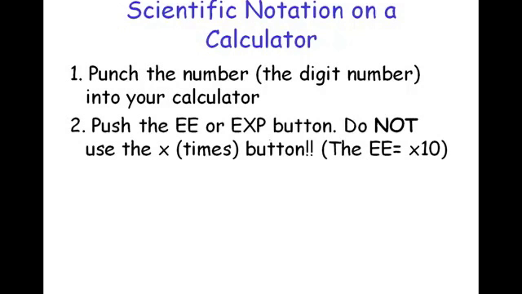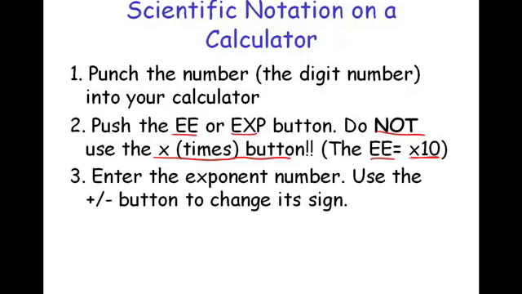Then you press either this EE button or the exponent button. Do not use the times 10 button. It doesn't work. The EE button means it's times 10 to some exponent, okay? Just like scientific notation. And then you press in your exponent number and you use the plus or minus button to change its sign.